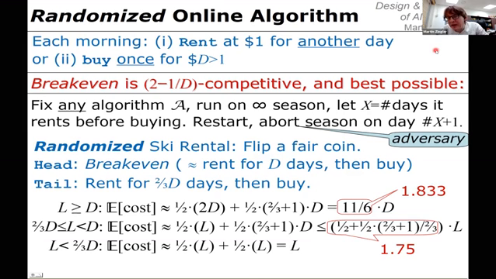And this is better than the 2 minus 1 over d competitiveness of any deterministic online algorithm. So to summarize, randomization can beat deterministic algorithms, at least in this competitive ratio setting.